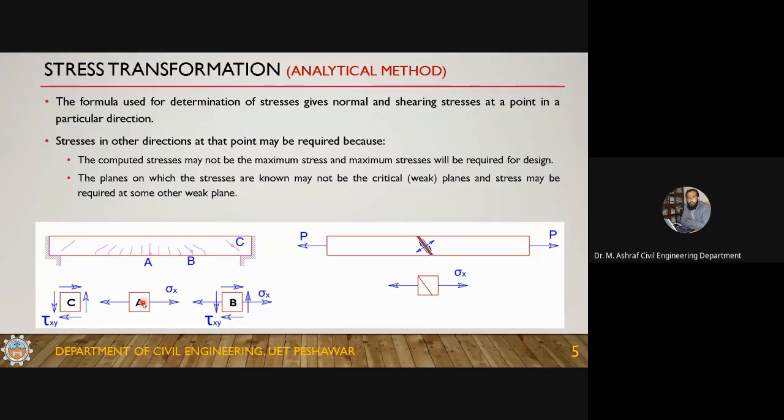Let me show you. This is a beam. This is a concrete beam, and you can see the cracks in this beam. When you load this, these are the cracks, you apply a uniformly distributed load. Let me draw the shear force and bending moment diagram of this beam.